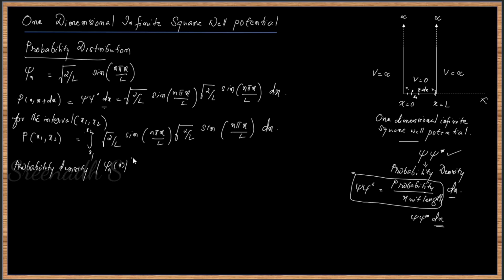So the probability of finding the particle between x and x plus dx within the box is what we have already written here. So what can we write? Yeah, probability density.